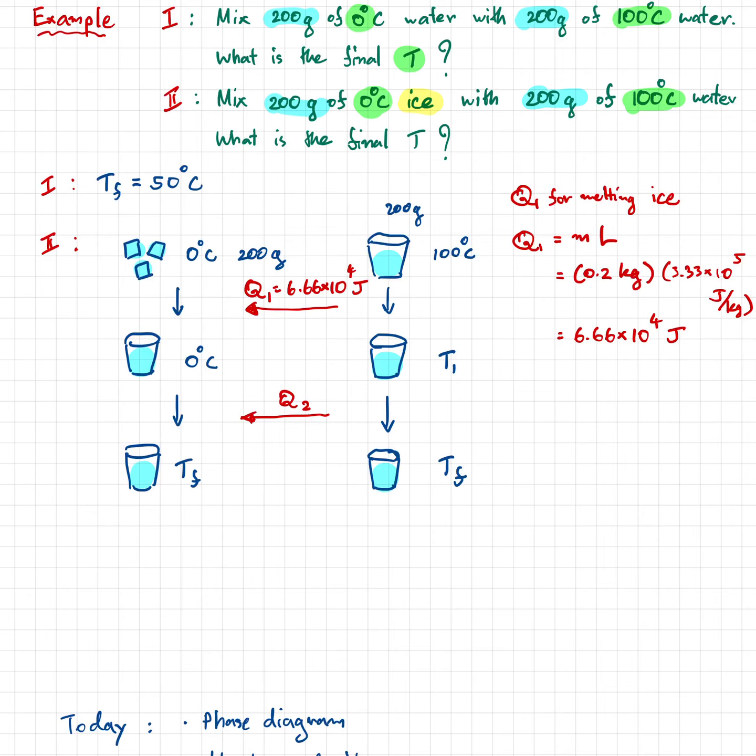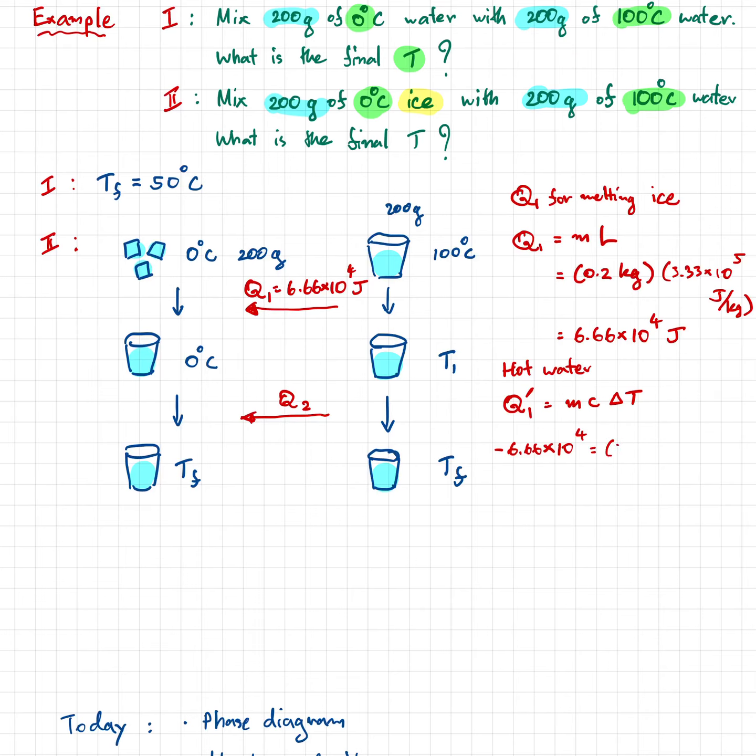So for hot water, we have Q1 prime, let's put the prime here to indicate that it's going to flow away from hot water, equal to mc delta T. And Q1 we already calculated, it's going to be minus 6.66 times 10 to the 4. Again, it's a minus sign because from the point of view of hot water, it's losing energy. All right, so heat flows away.